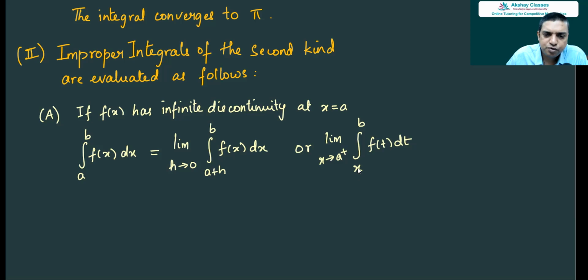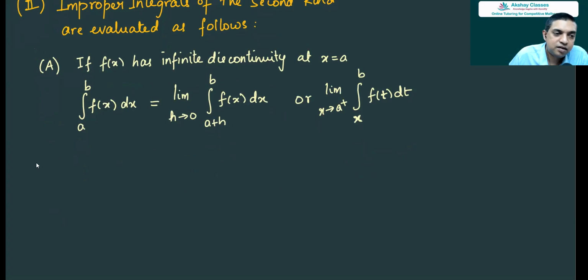To avoid the confusion between the limit x and the integrand variable x, we can replace x by t. So the integral remains the same. So this is how we do it if there is a discontinuity at the left end.